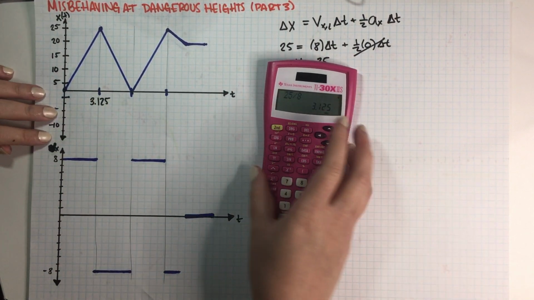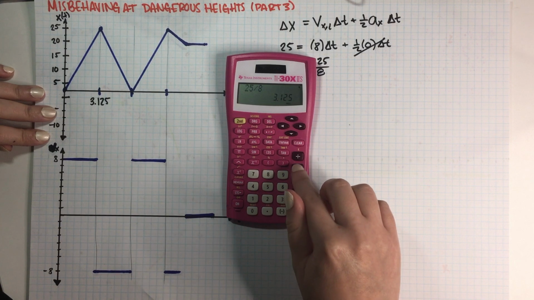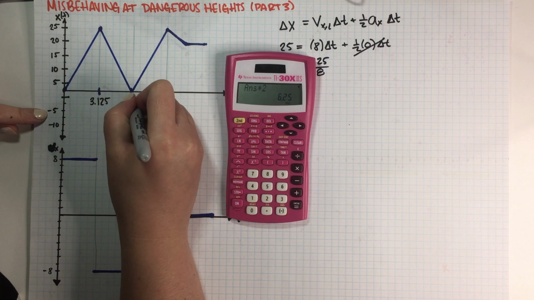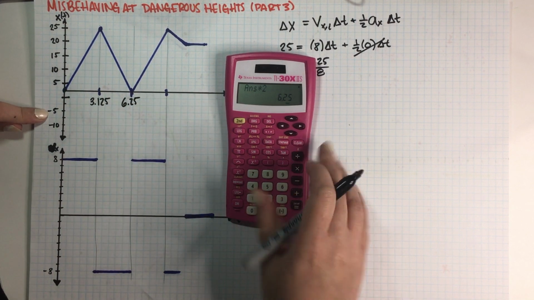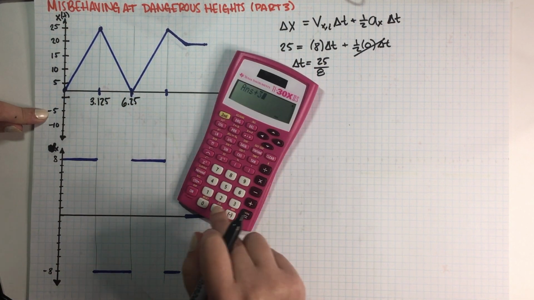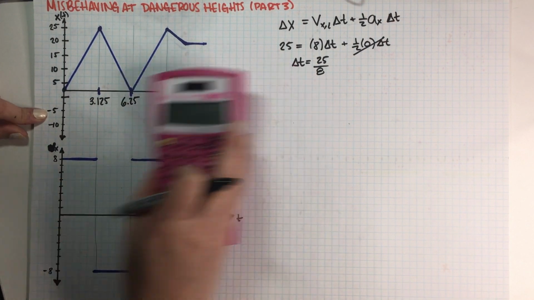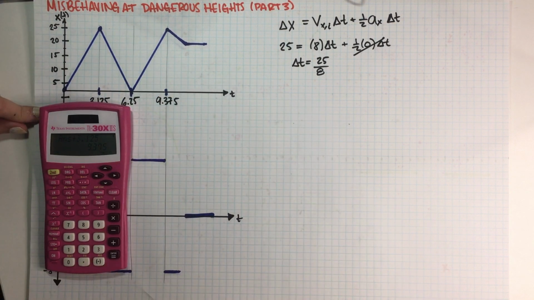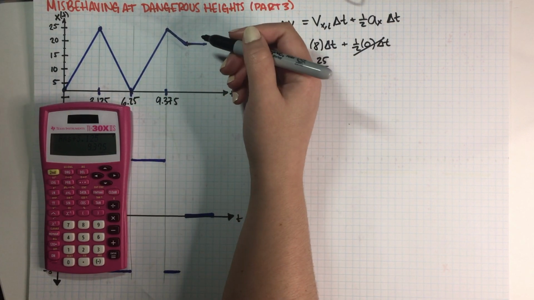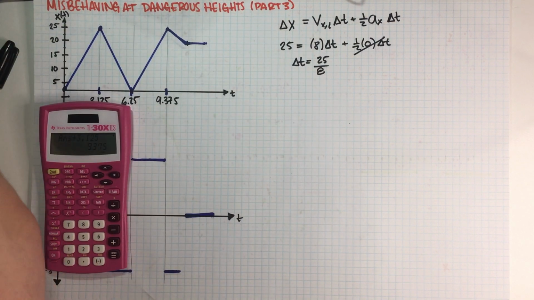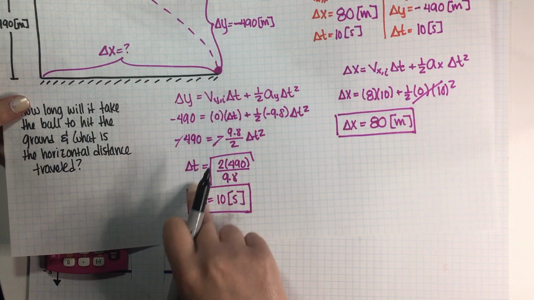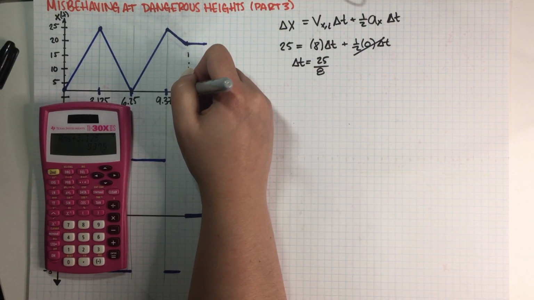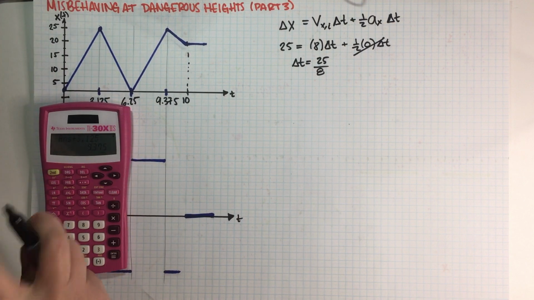So if I just do it again, I'm just gonna find the same thing, so 6.25, 9.375. There we go. And then it hits the ground. I already know the time at which it hits the ground, right? So it's the 10 seconds. I don't really need to do that again. So this is 10 seconds. And there we go. So now we actually have a complete graph.